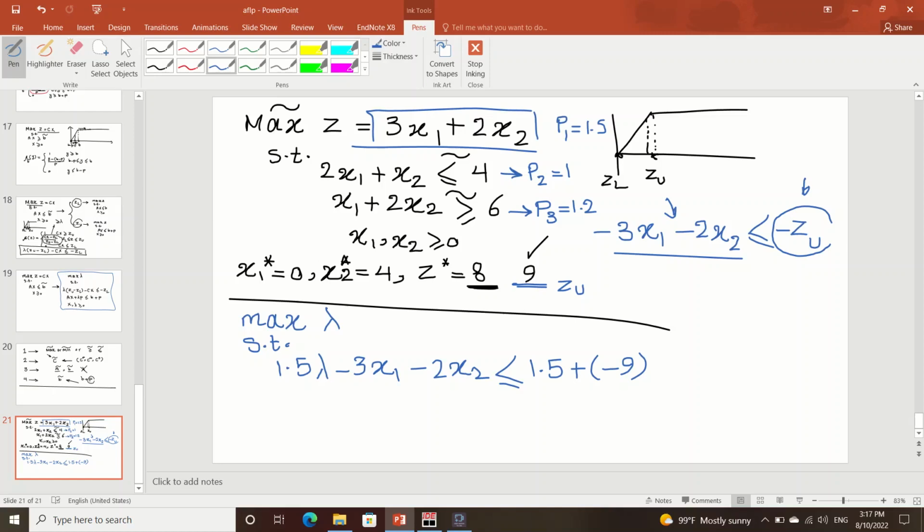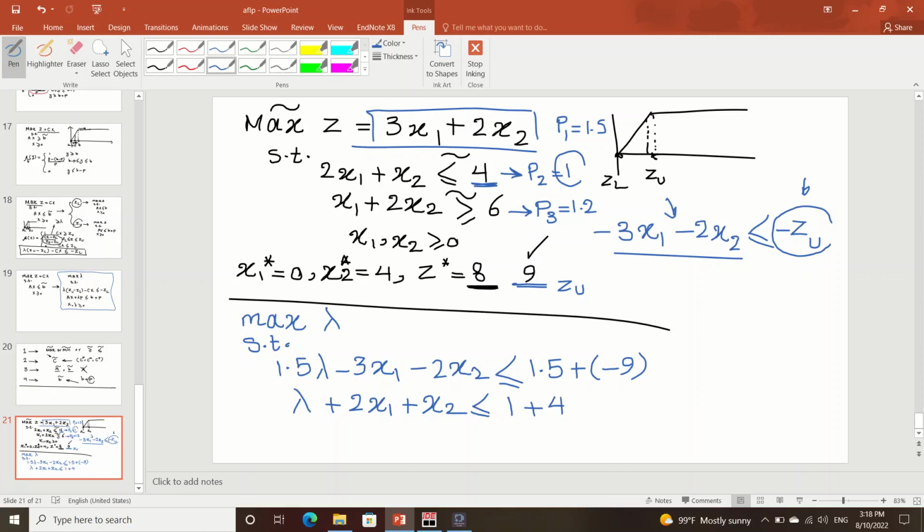For other constraints, for the first constraint, lambda plus 2x1 plus x2 is less than 4. But we must add to the 4 this value, allowable deviation 1 plus 4.